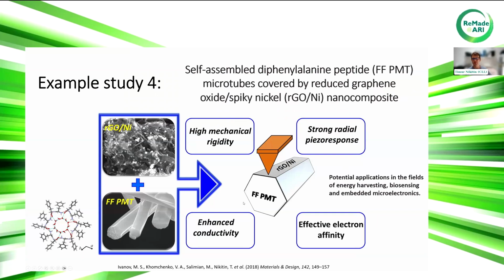Here are the advantages of such materials: they can have a high mechanical rigidity, a strong radial piezo response was detected, enhanced conductivity, and effective electron affinity. And then there are potential applications in the field of energy harvesting, biosensing, and also embedded microelectronics.